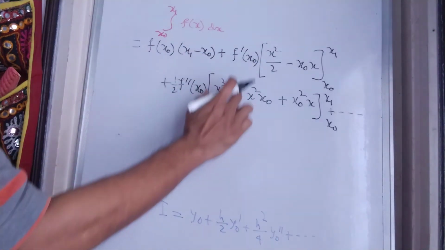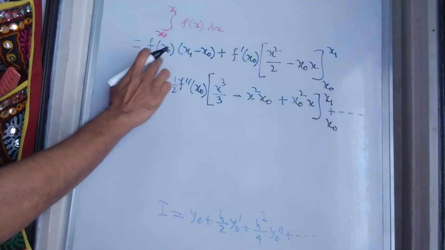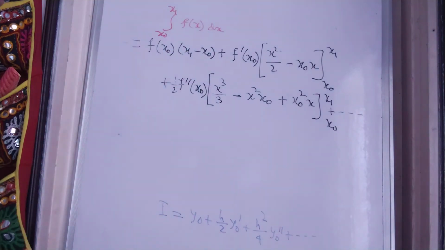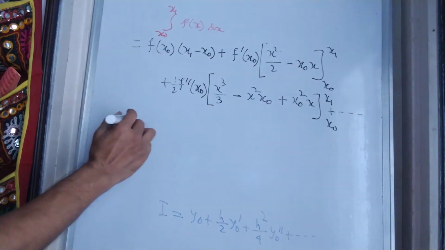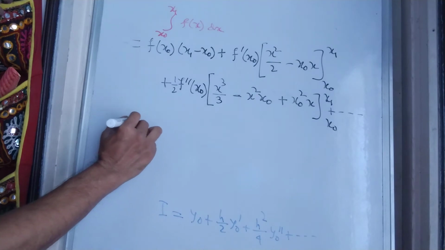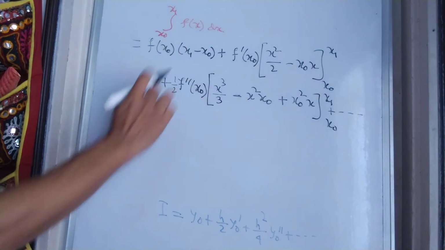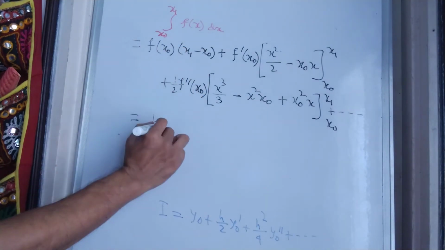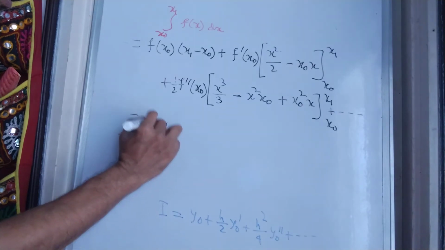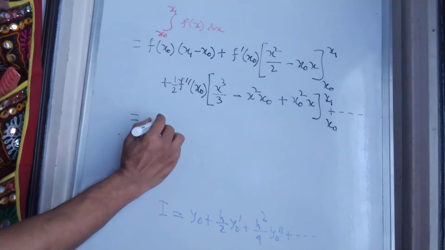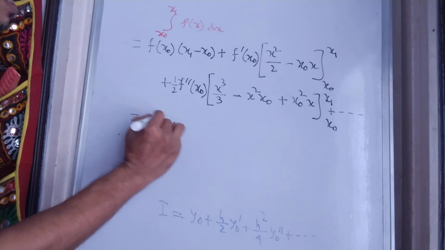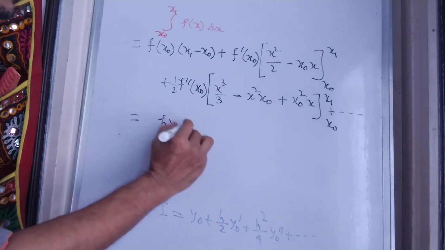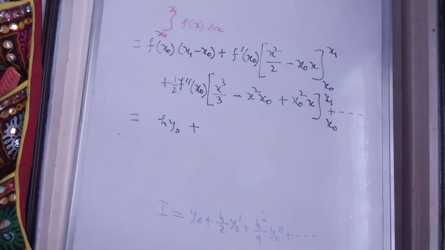And these three terms we have taken. First one is f(x0) times (x1 minus x0), next one is f prime x0, and if we put the value here, this is actually h, so we can write, and this is actually y0, isn't it so? This is actually h y0, simple, plus what about this?